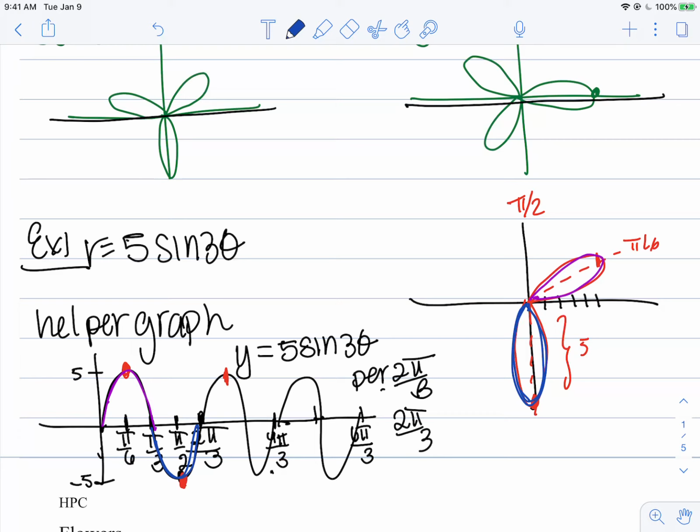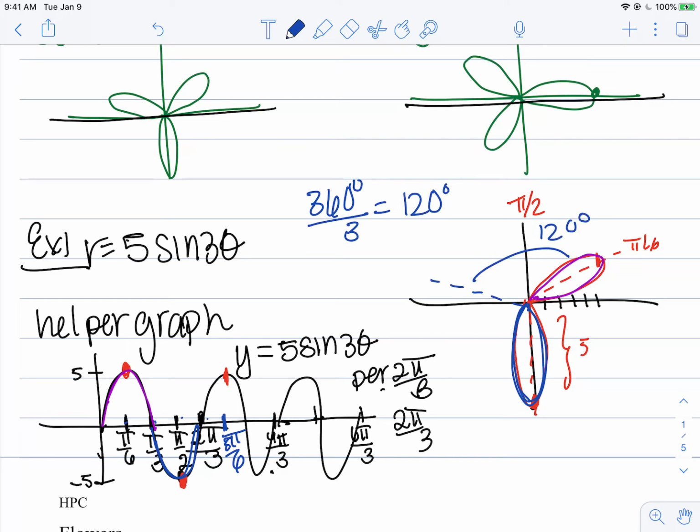And then I can figure out what this point is just by using quarter points. So 1, 2, 3, 4, 5 pi over 6. But something else you can do is you can use symmetry. You can say, okay, 3 theta, I'm going to have 3 leaves within 360 degrees, and we use degrees because we know those better.